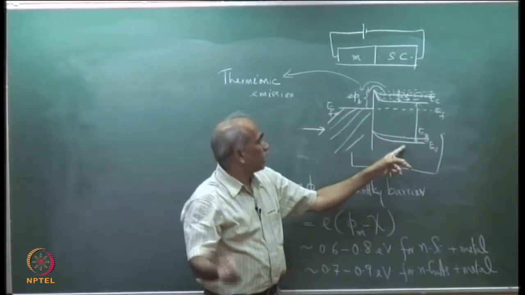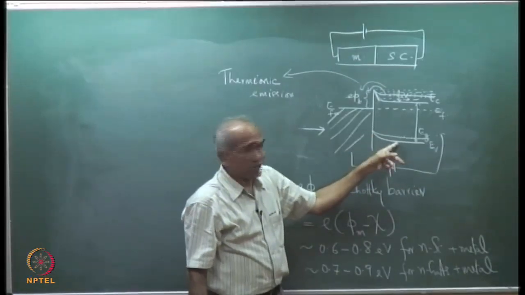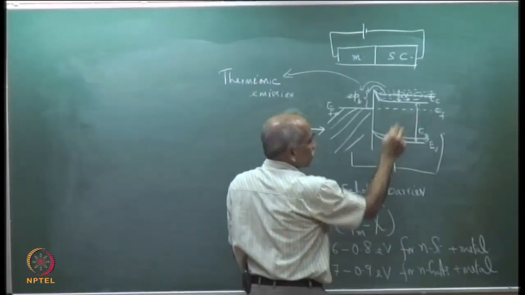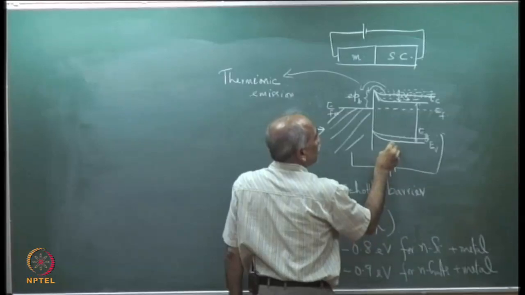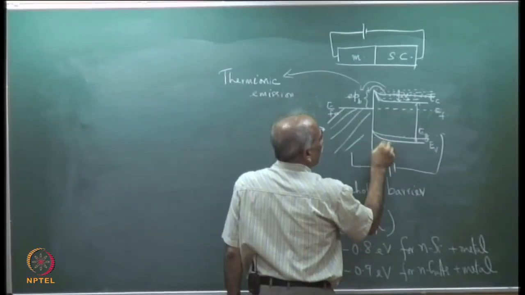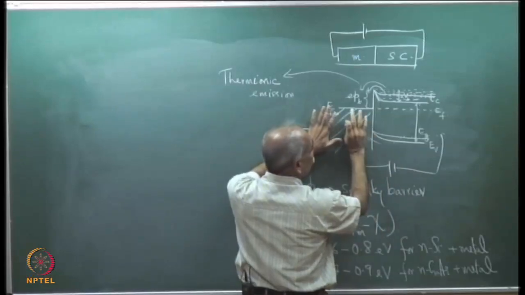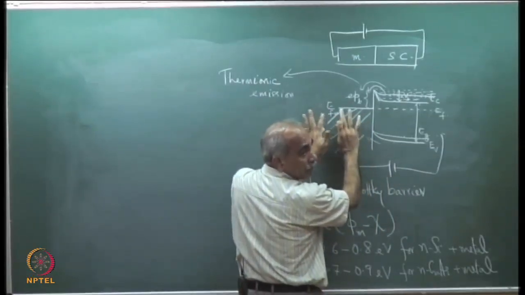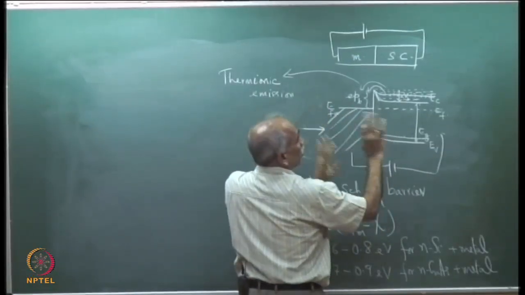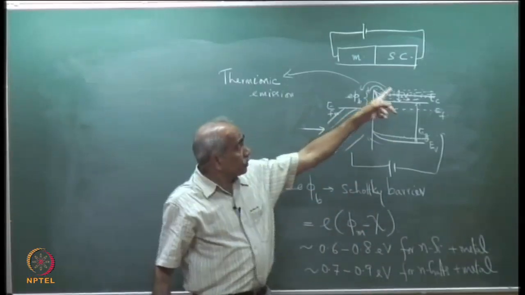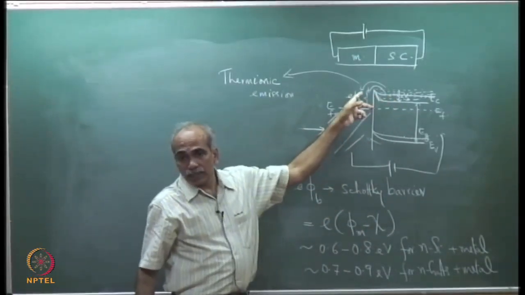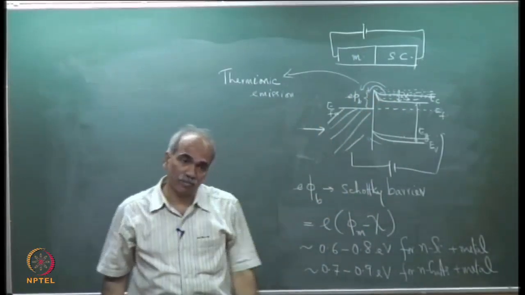Some minority carrier, some hole current will be there because when you raise this, there are very few holes. Some holes can migrate here and electrons can come down from here because metal is a pool of electrons. But primarily the current is predominantly due to electrons and due to thermionic emission.